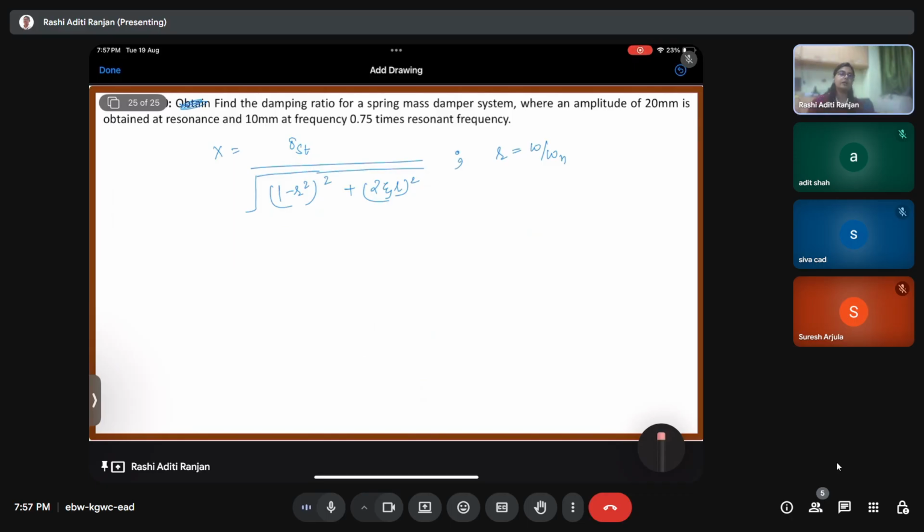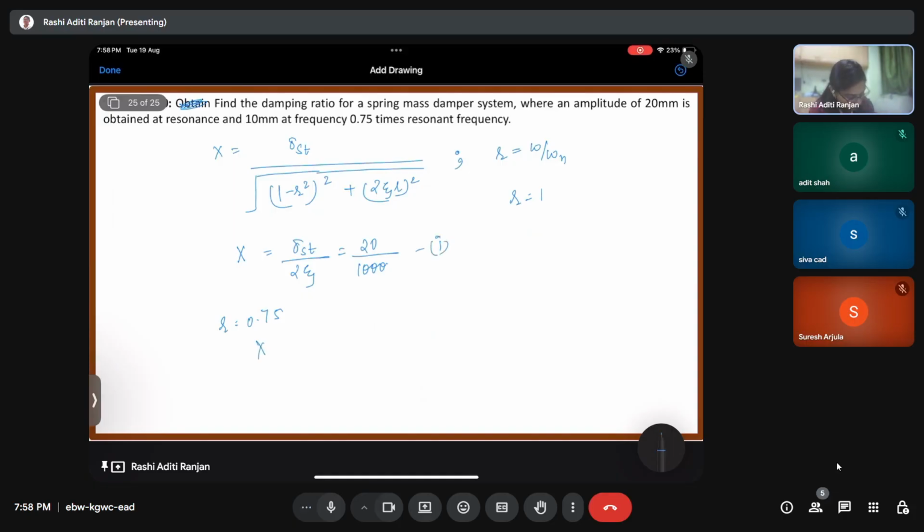So for the first case, r is equals to 1, since the frequency is equal to omega n, we have x is equals to delta st by 2 eta, and the value is given as 20 mm, which is 20 divided by 1000. For the second case, we have r is equals to 0.75.